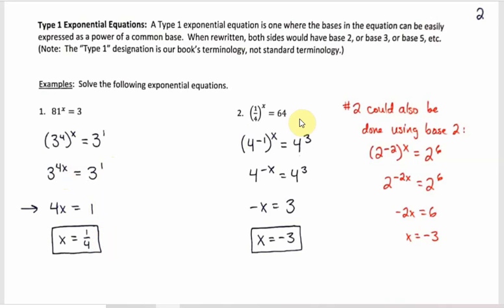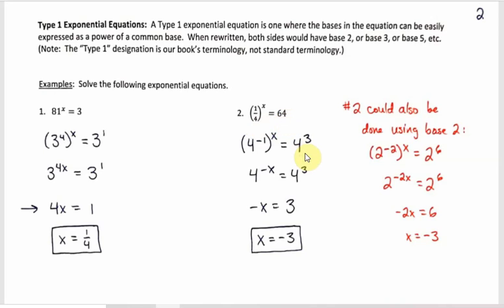The next one, we do kind of the same thing, and this is one where we have to rewrite both of them. I would look at this and think, well, 1/4 you could write as 4 raised to the negative 1, and 64 is 4 cubed. So okay, maybe we can do this with 4s.